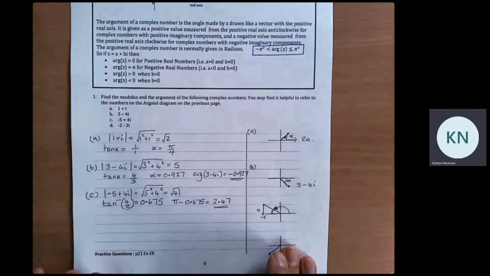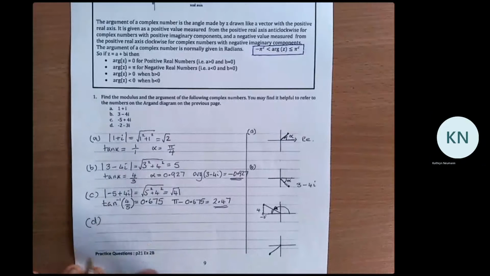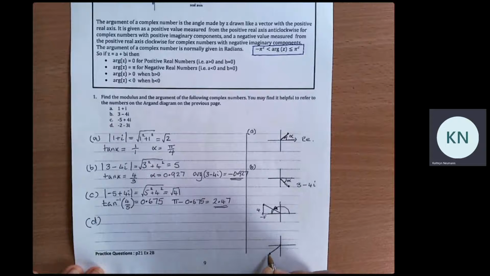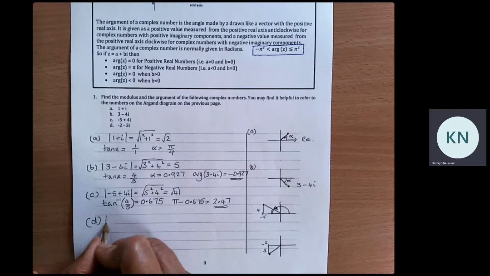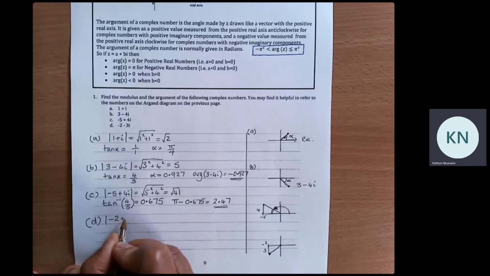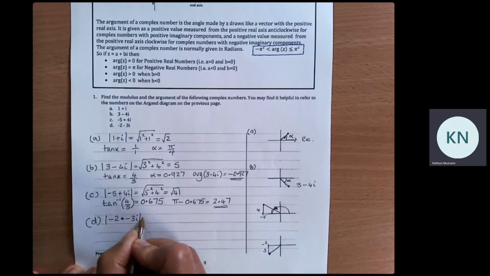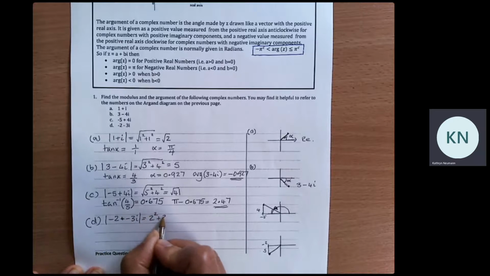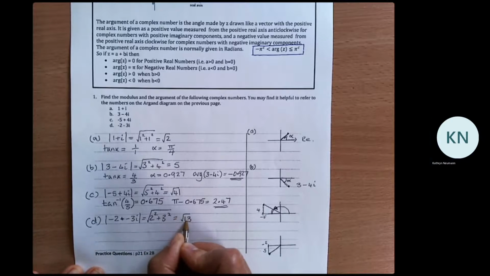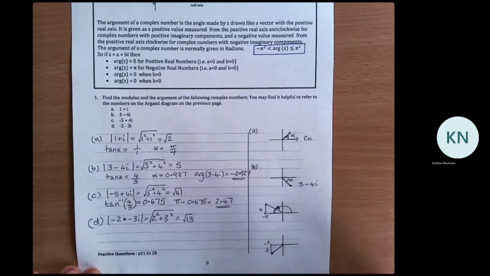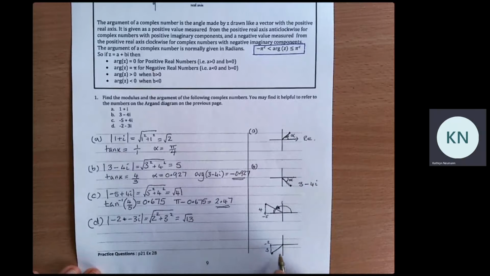Let's look at the last example. We've got minus 2 minus 3i. So that distance there is minus 2, and that distance there is minus 3. And again, we need to say that the modulus of minus 2 minus 3i is 2 squared plus 3 squared, square rooted, which is root 13. And then we want the argument. So we need to find, first of all, this angle here.